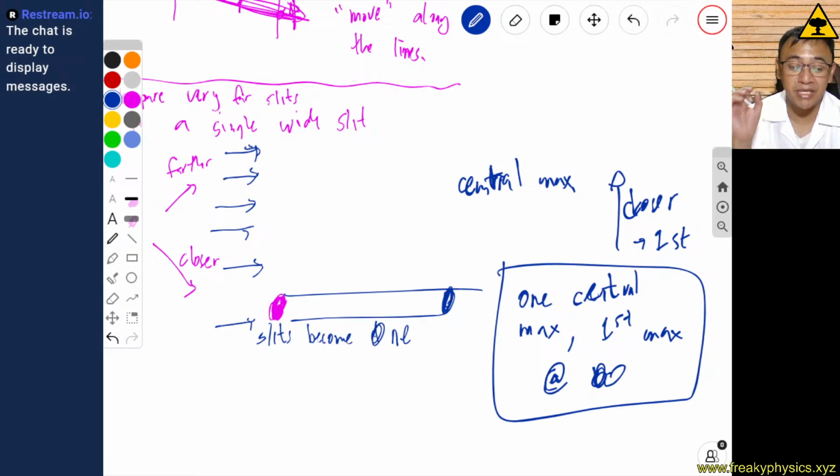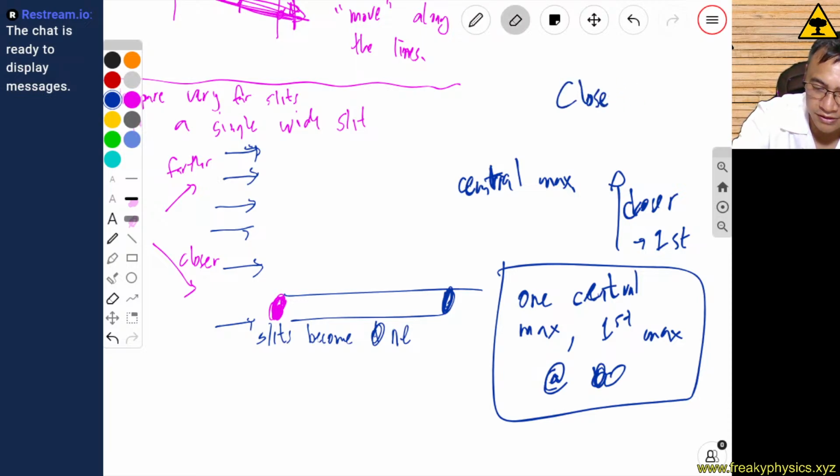Again, this is with a big slit. It's not with a tiny slit. Tiny slits, you'll get different results. So let's just put it here. I'll just rewrite that.